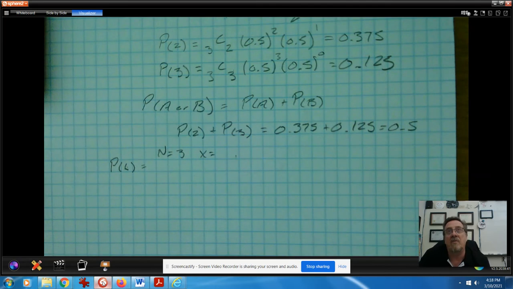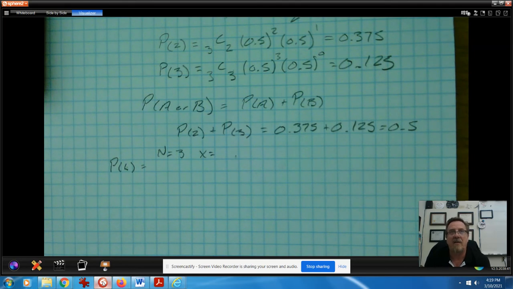What we had is the possibility there could be 2 girls, the possibility it could be 3 girls. If we test for left-handedness now, we could say, well, what's the probability that one of the kids is left-handed? But then we have to also add to that the probability that 2 would be left-handed. And then we'd have to add to that the probability that all 3 would be left-handed.